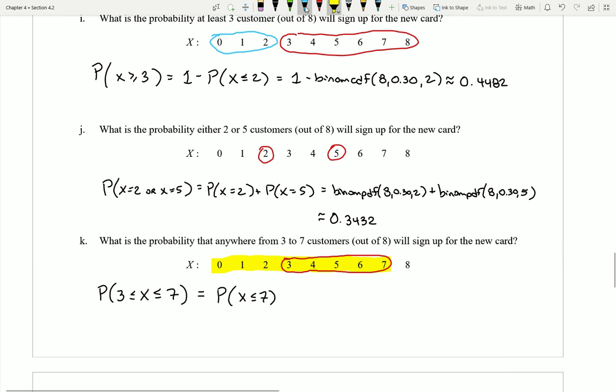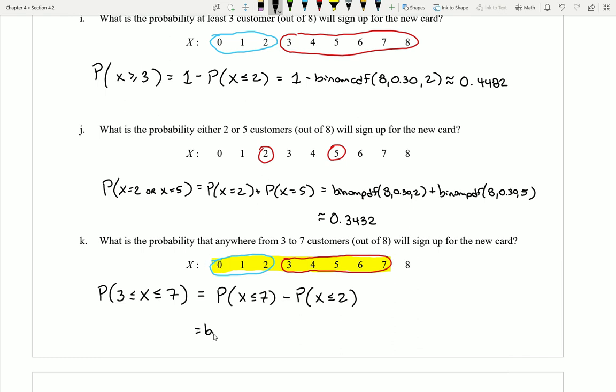But now I can see that the values 0, 1, and 2 are the only values out of that I don't want. So I kind of overshade first, and then I can just subtract off the things that I don't want. Notice there's no need to even talk about the value of 8 because I'm only going to grab the probabilities from 7 down and then chop off the parts of that I don't want.